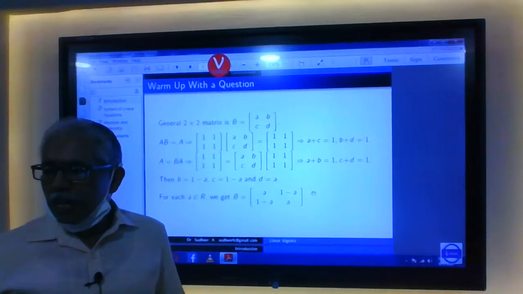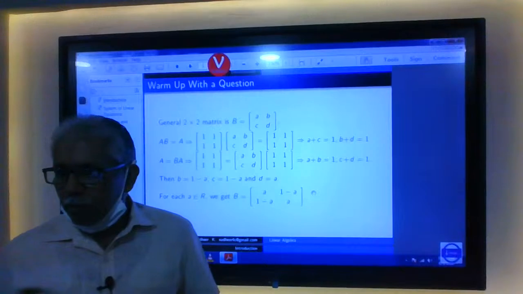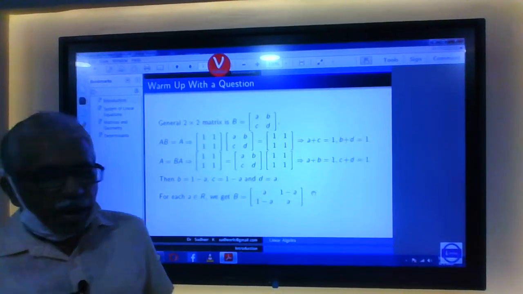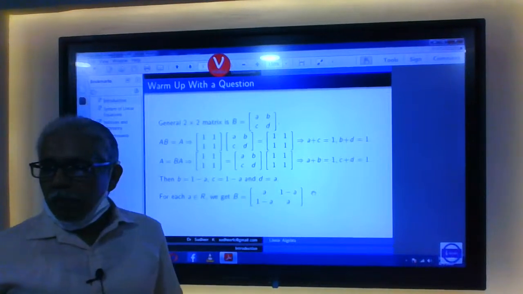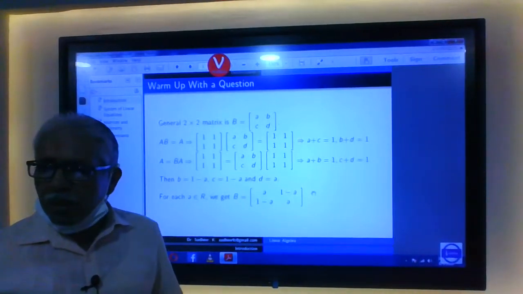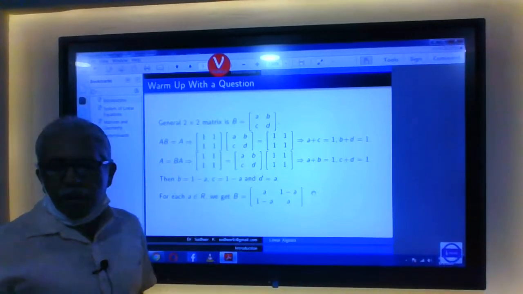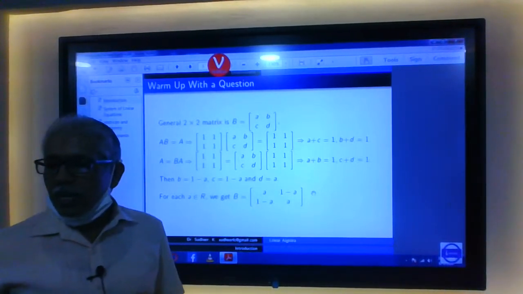So B is a particular type of matrix. It should be a symmetric matrix. And it should have the row sum and column sum equal to 1 on all rows and all columns. So such a matrix B will be the answer to our question.